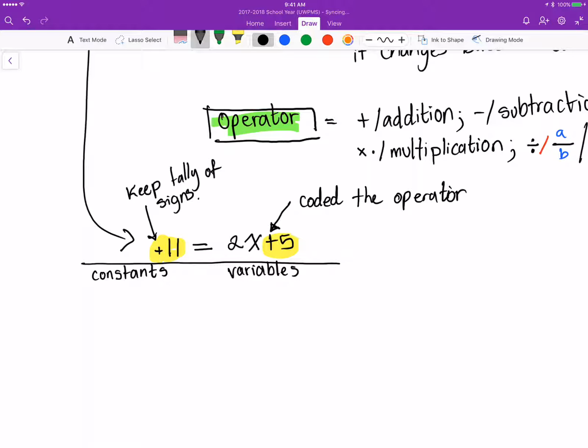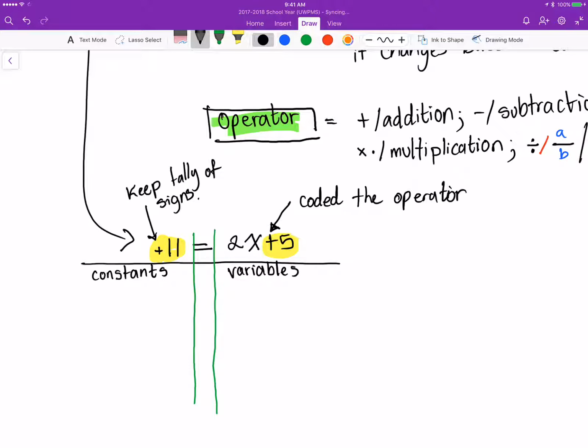I usually trace a double line here. I'm going to do that in a different color so that we can see a difference, and I'll explain to you why. So that column will always be for equal signs.